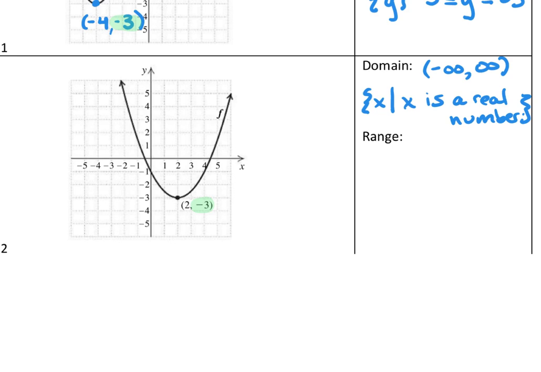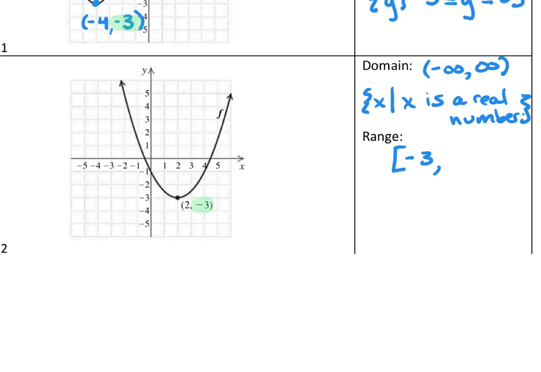And so our range is going to start at -3. It's included because it is a solid circle. And then we want to know how far up does this go. It doesn't matter which direction you go. Both of these go up. And if you notice, we have these arrows at the top. So not only do these arrows go left and right, but both of these arrows go up forever.